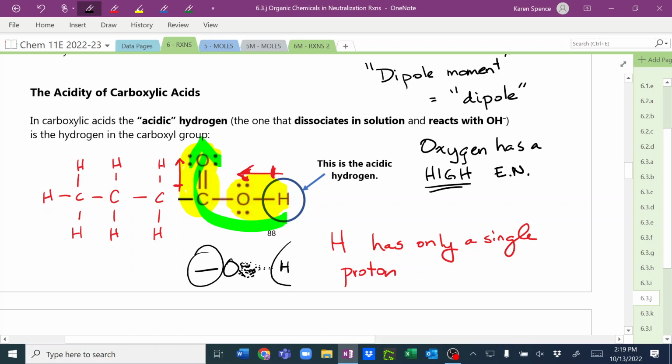And there's something special about hydrogen in the fact that it's just a single proton. It's not that attractive to those bonding electrons. It's like, bye, see you later. H is happy to go off on its own. So the H can actually then come off and become H plus.